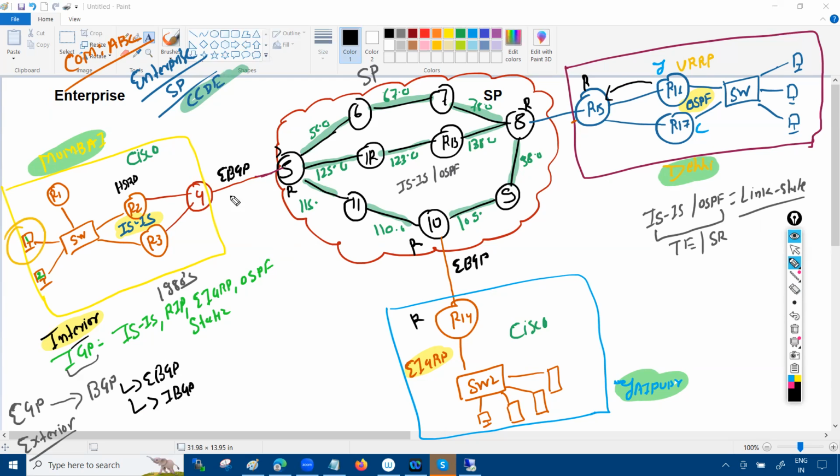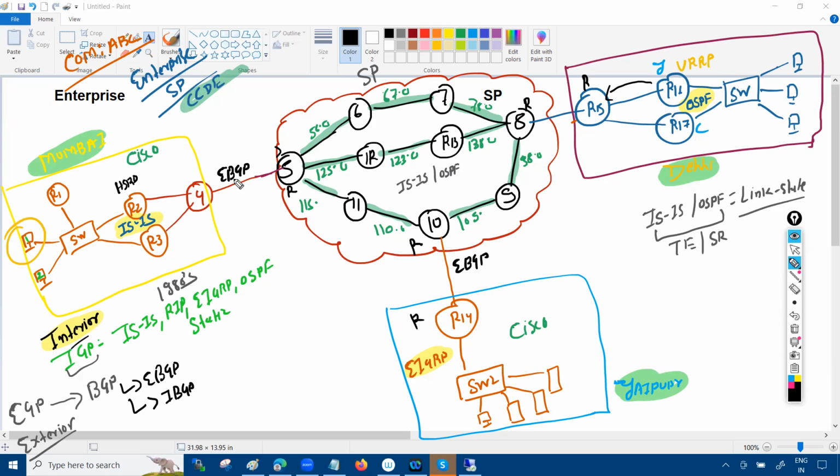You can run OSPF over there too. It totally depends on the agreement between the company and the service provider. If the customer wants to exchange routes through the OSPF protocol and the service provider agrees, then you can go with OSPF. Again, it's a recommendation to go with the BGP protocol.